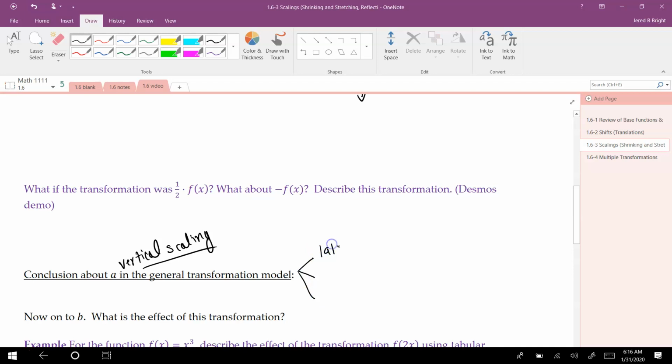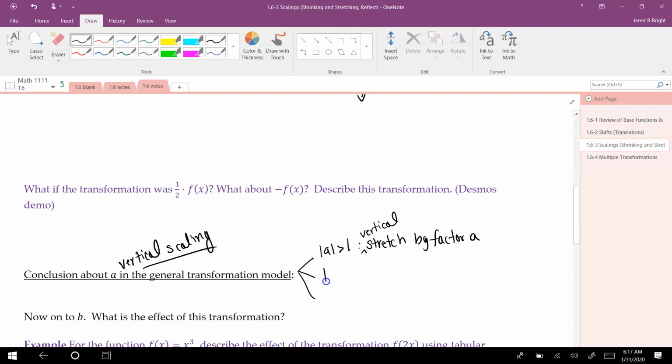If the absolute value of a is greater than 1, we're going to see a stretch by a factor of a. And a is just the number that you end up multiplying y by. So it's going to be a vertical stretch by a factor of a.